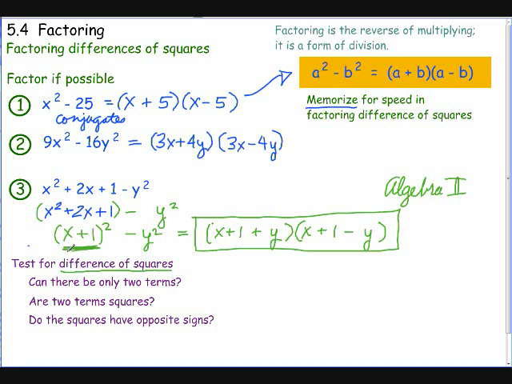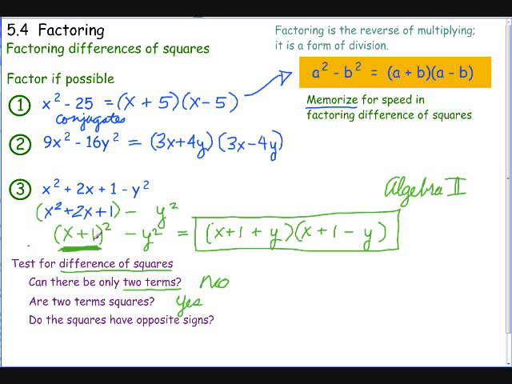Here we have, nested within a difference of squares, a perfect square trinomial. So, is it necessary that there are only two terms? We have seen that it is not necessary. We may have a difference of squares with 4 terms. Are 2 terms squares? Yes. Now, I am stretching things a little bit because I'm referring to this inside parentheses as a term.